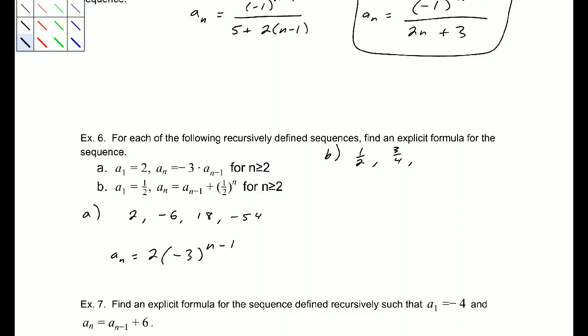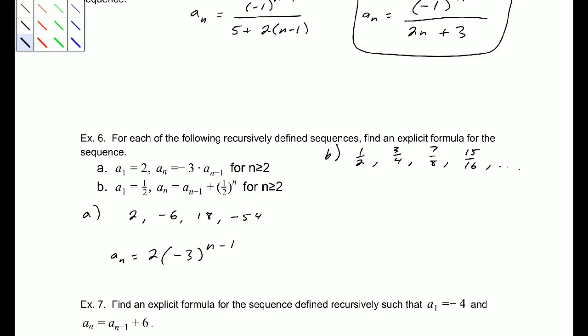Okay, and then the next term, we'll take that last term 3/4 plus 1/2 cubed. That is going to be 7/8. If we add in 7/8 plus 1/2 to the 4th power, that is going to be 15 out of 16.